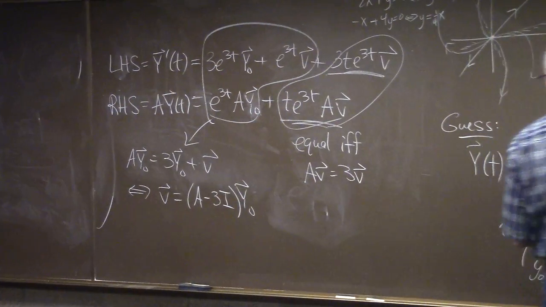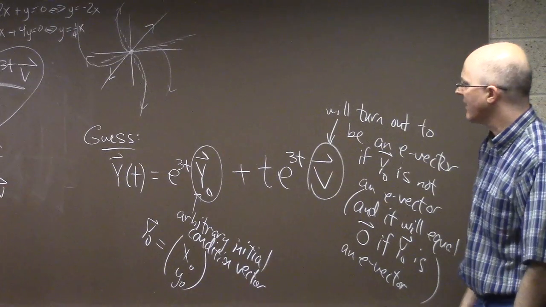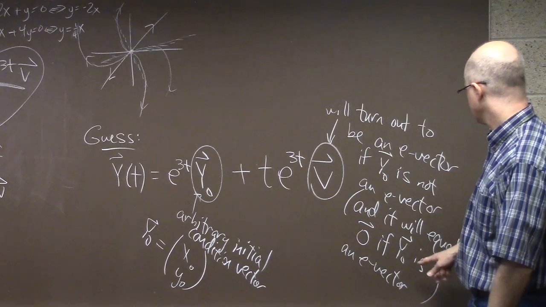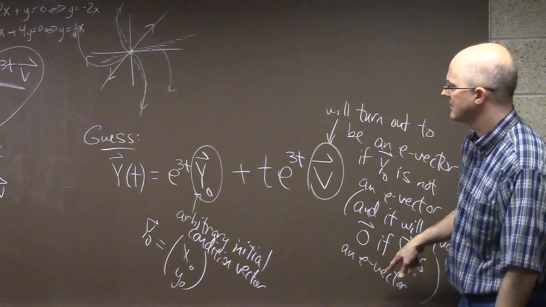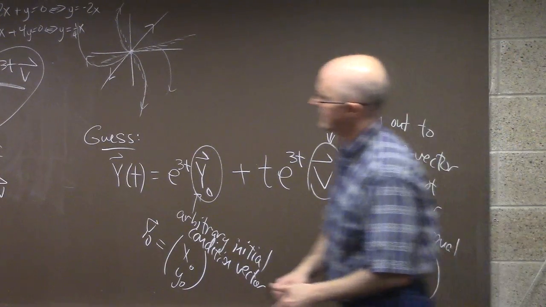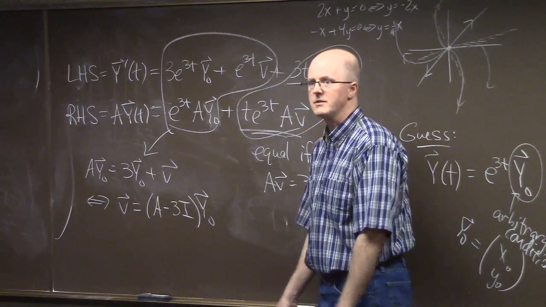And again, this is not obvious, but it's going to turn out that if y0 is an eigenvector, actually it should be clear that v will be 0. That goes back to the original definition of eigenvectors.